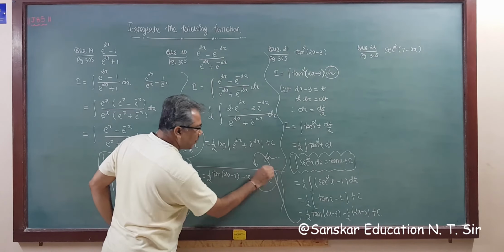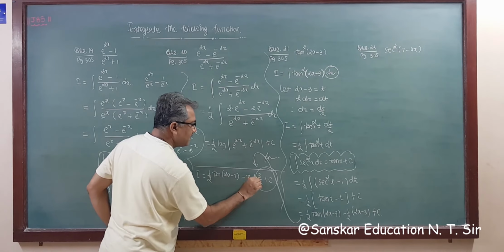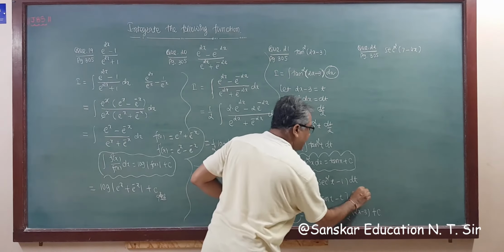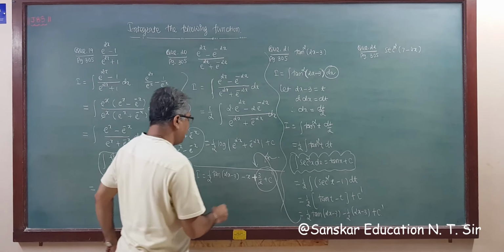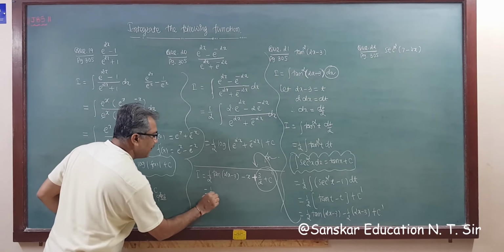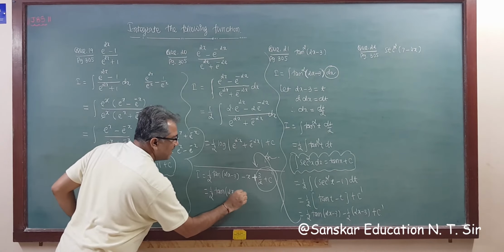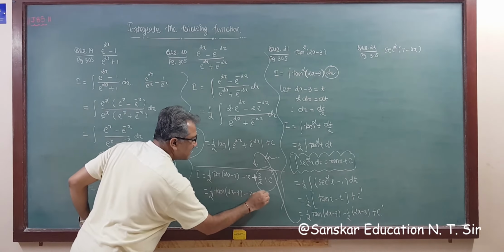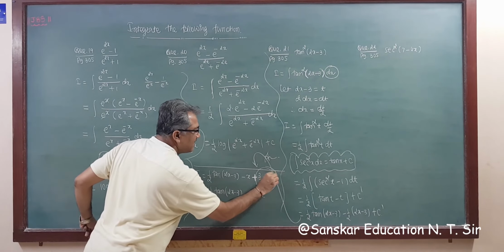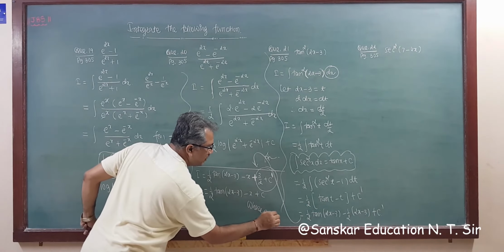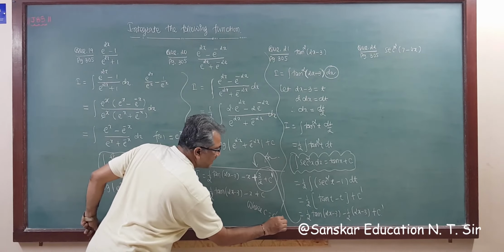These both are constants, so we can put c dash, and your answer will be 1 upon 2 tan of twice x minus 3 minus x plus c, where c is equal to c dash plus 3 by 2.